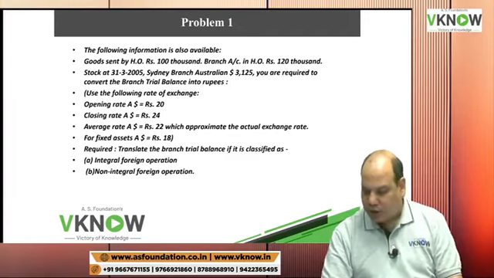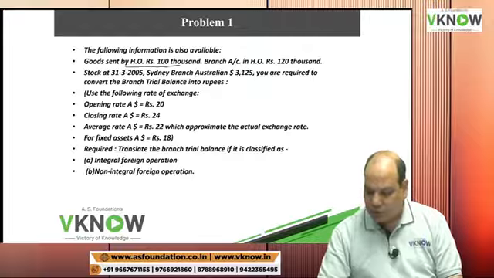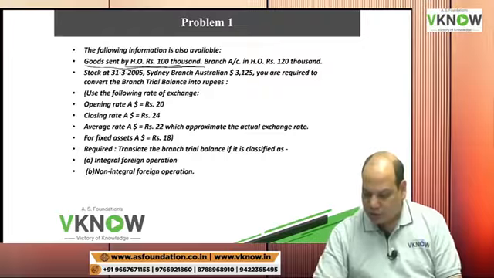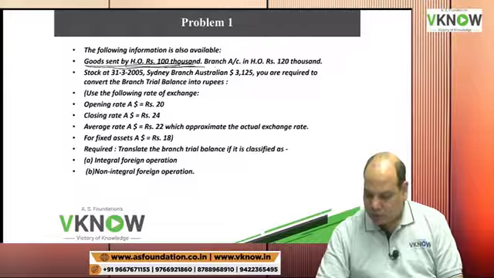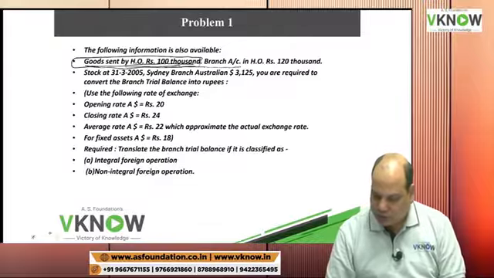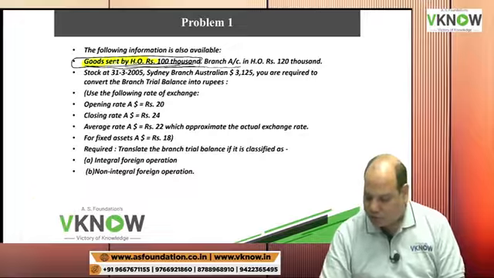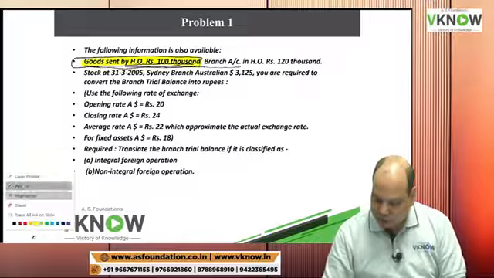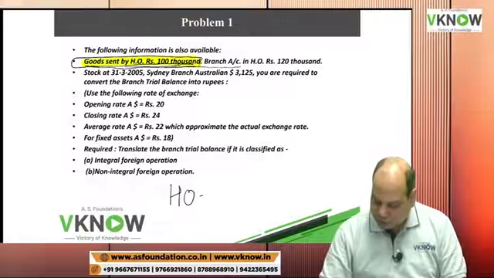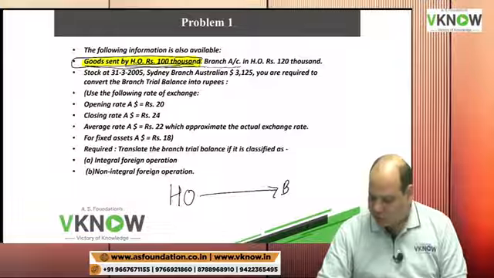First there are two adjustments in this. One is goods sent by head office to the branch, which is rupees 100,000. Head office has sent goods to the branch.